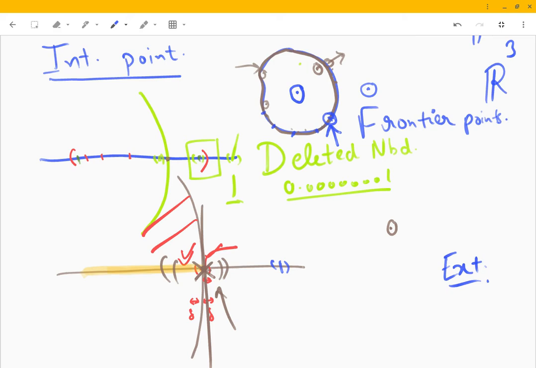Like on the real line, if I make it this side, then this exact point, its neighborhood is neither entirely inside the set, nor entirely outside the set. So this is a frontier point.